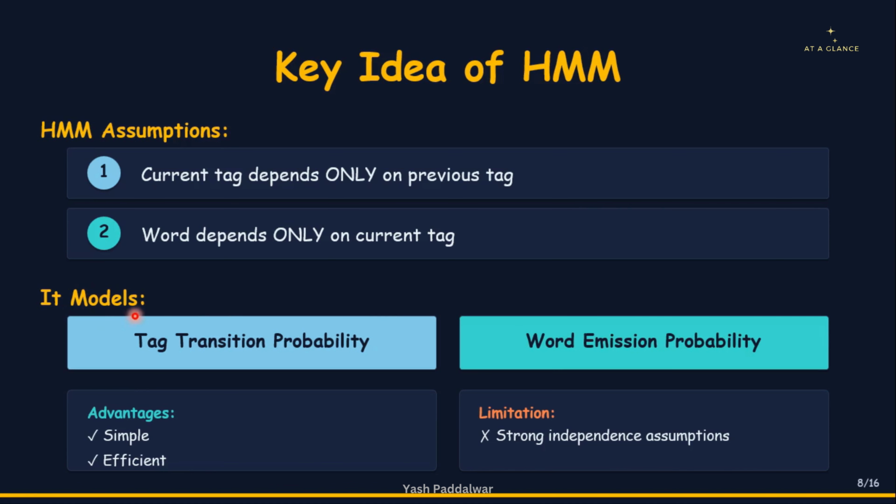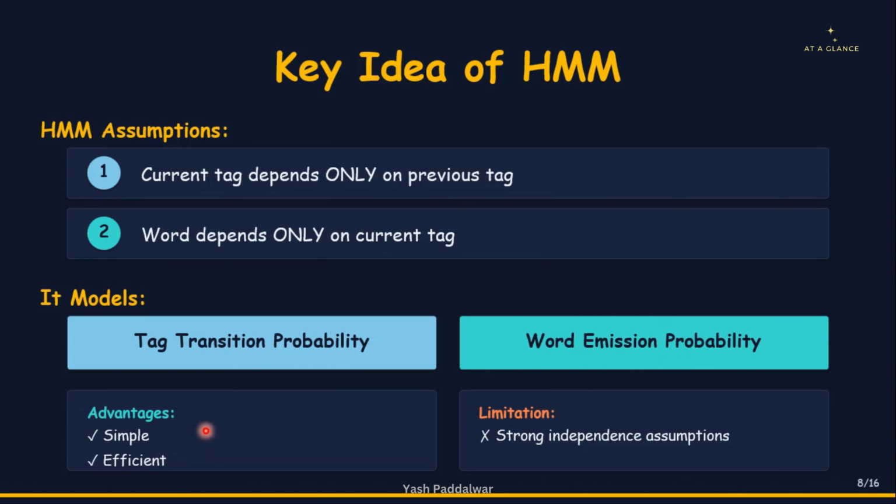HMM uses two probabilities. First is the tag transition probability, which is the probability of one tag following another tag. Example: probability of a verb given that a noun is before it. Next is the word emission probability, which means the probability of a word given a tag. For example, the probability of the word run given that it has the tag verb.